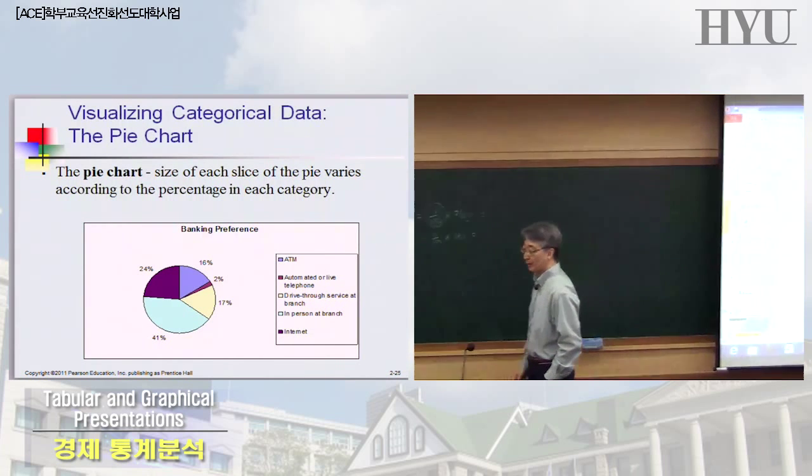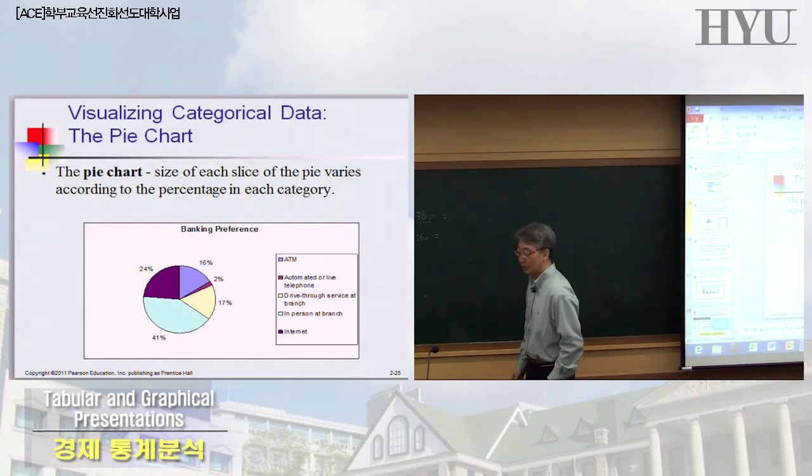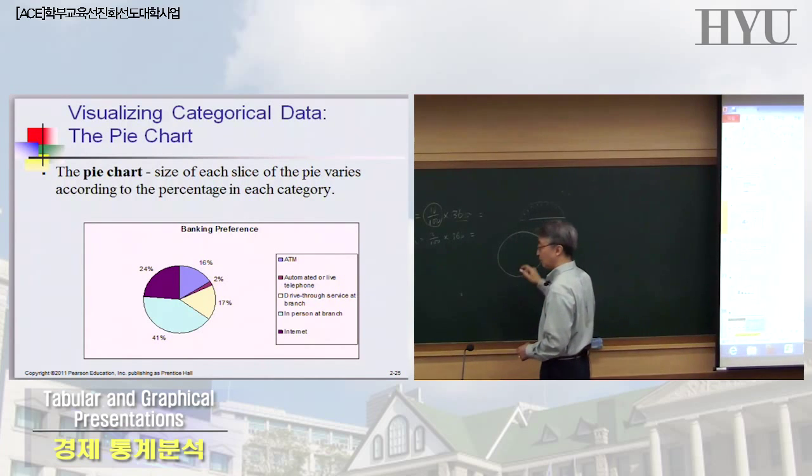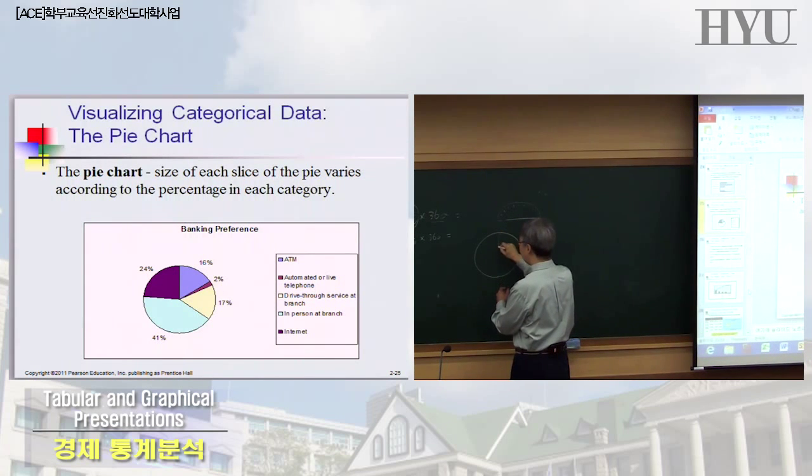When I was in elementary school, we used what is called the protractor, bundogi. Have you ever seen this thing? With the angle degrees, you could draw a circle using a compass, draw a line, and then using the protractor, you measure whatever degree and draw the line.